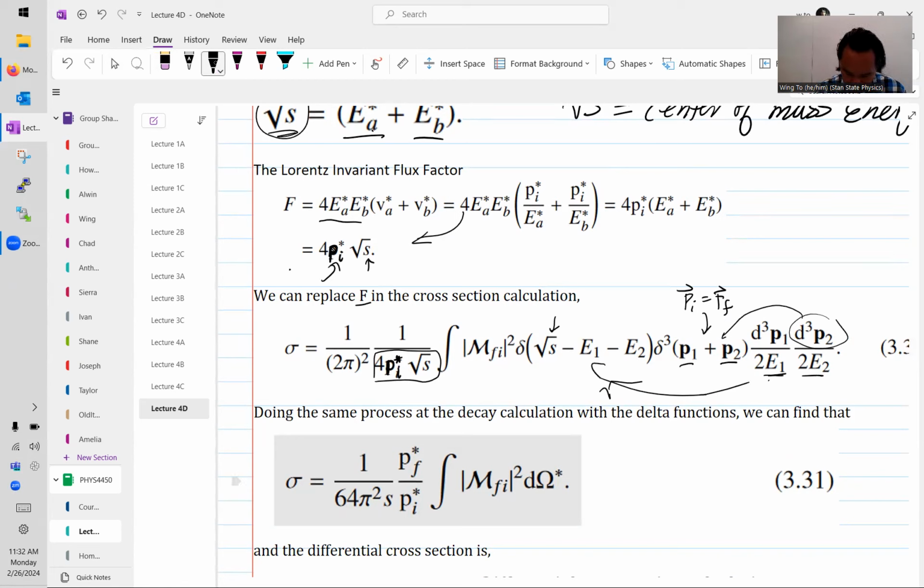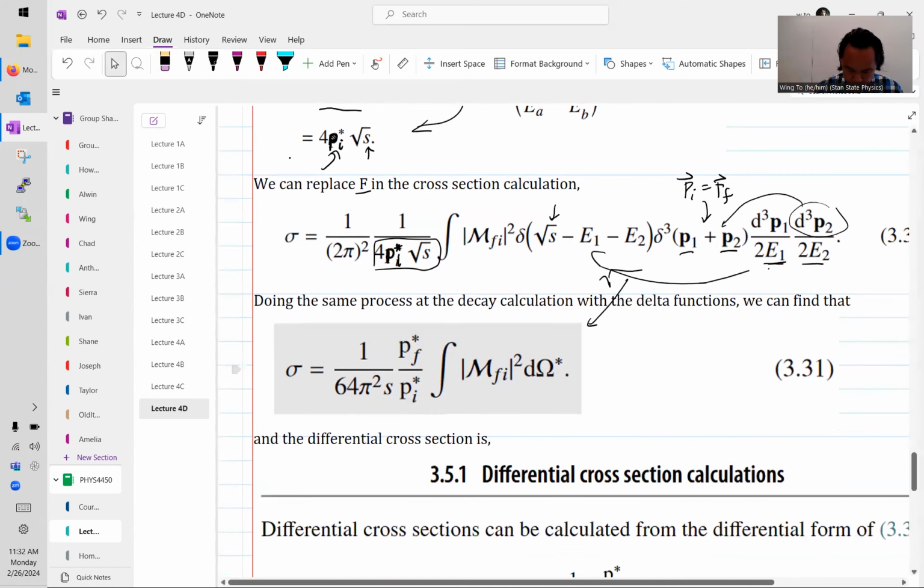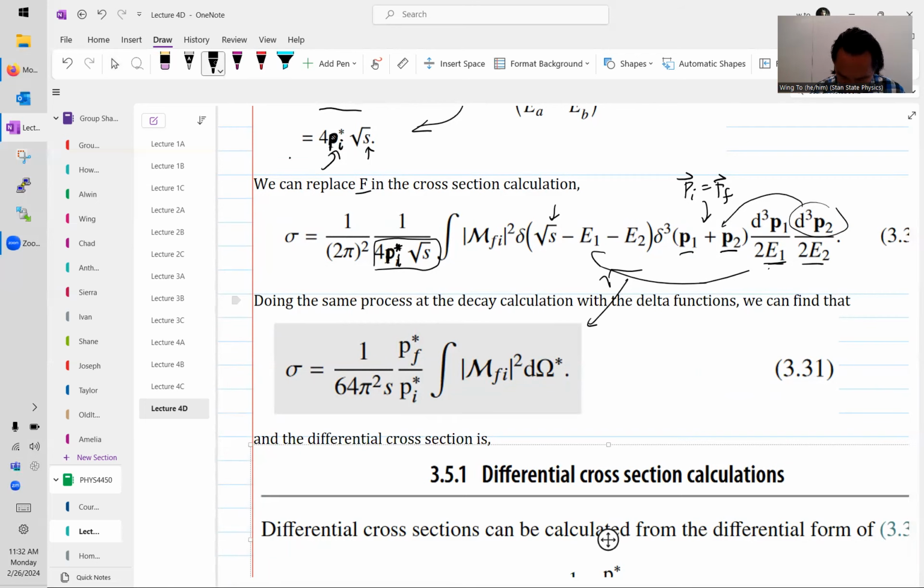With a few steps that I'm not going to go through in class, it's going to give you a factor of p_f, which is the final outgoing 3 momentum magnitude of either of the particles. The reason you don't have to keep track of both of them is because their magnitudes are going to be the same. They're just going to be equal and opposite in direction. Remember, p_1 star is going to be equal to p_2 star, so you can even put the little bars around it if you want. It's going to be whatever p_f star is.